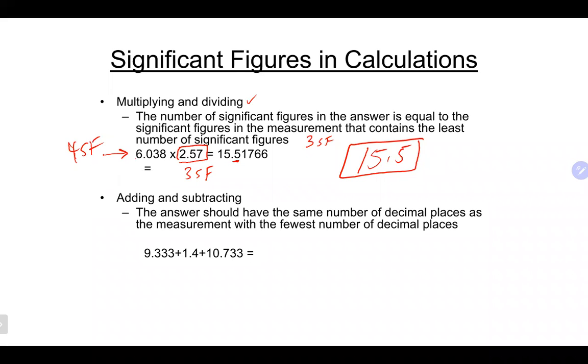So if we add up all this good stuff here and put it in our calculator, 9.33 plus 1.4 plus 10.733, that gives us on the calculator 21.466. We should end up where on this answer?